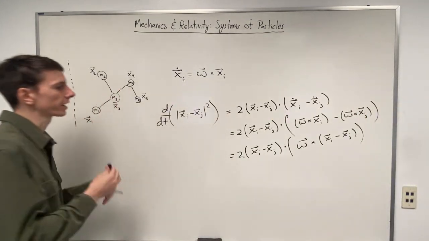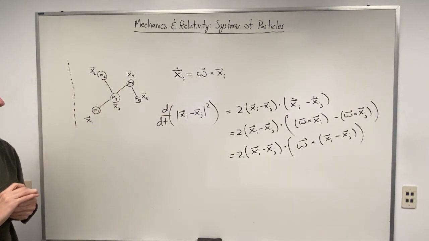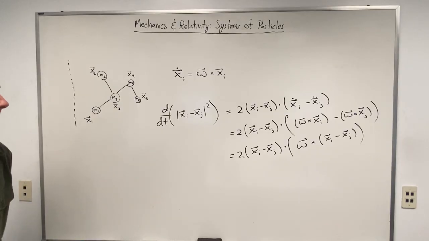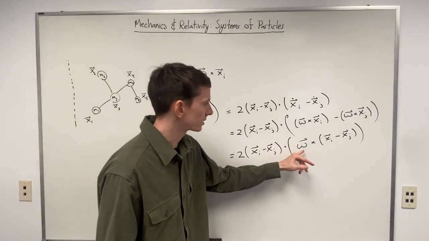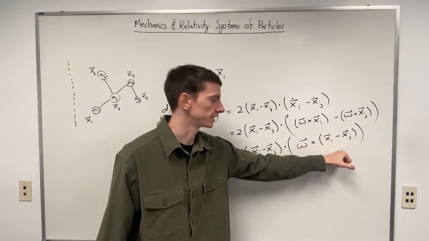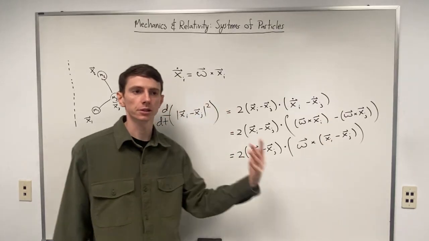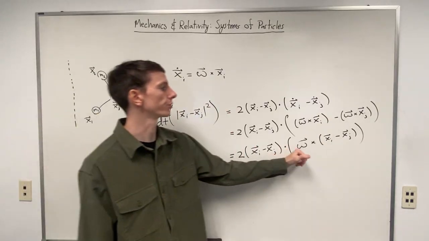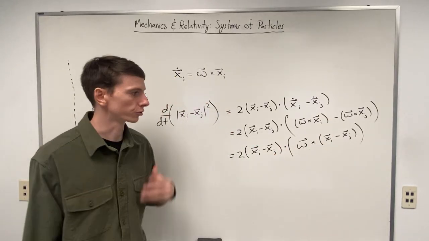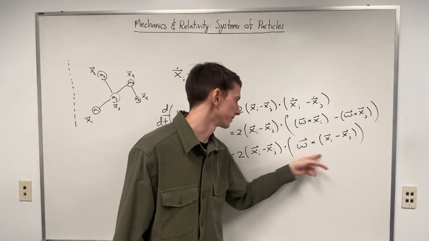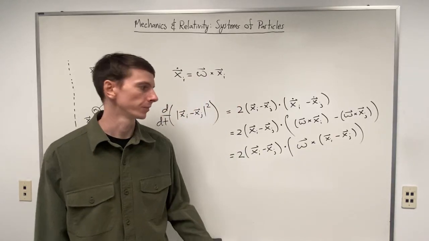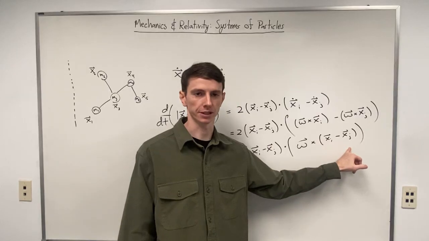Okay. And I think at this point, we can see why this thing must go to 0. We know that the cross product takes in 2 vectors as inputs, and it outputs a vector that is perpendicular to both of the input vectors. So crucially, whatever this output vector is in this large set of parentheses, it's going to be perpendicular to xi minus xj.